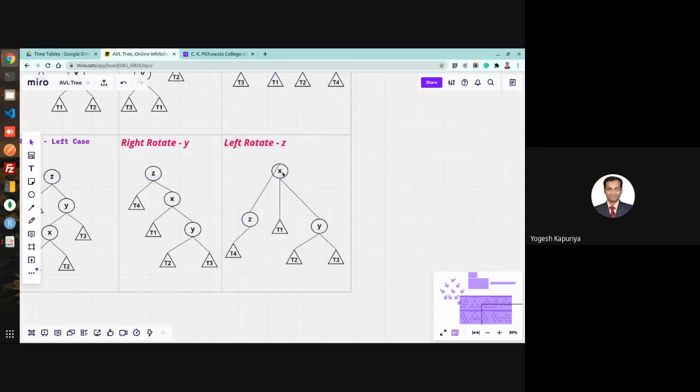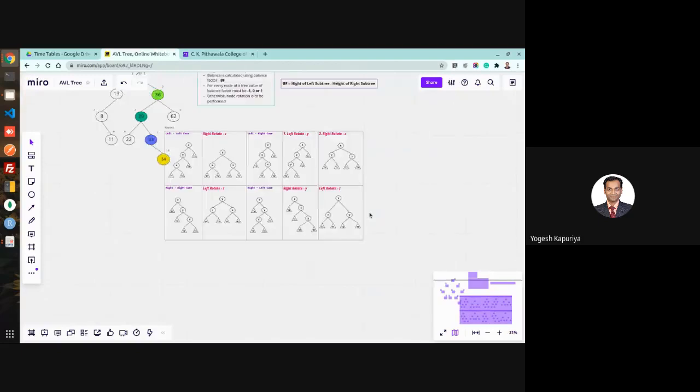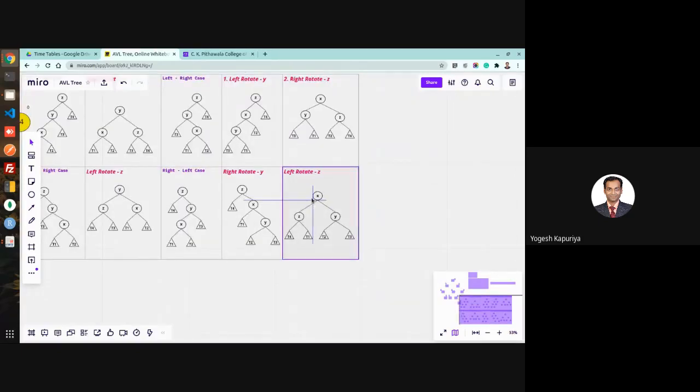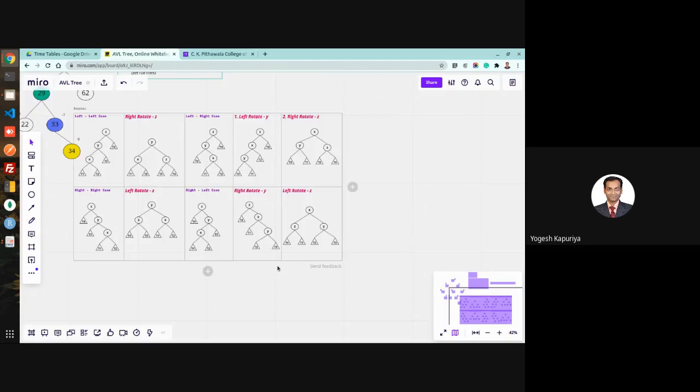That means X will take its position, and this T1 will become the right of Z. So now if you see, this has to be balanced. So these are the four different cases which are required to be performed when your balance factor is not matching.